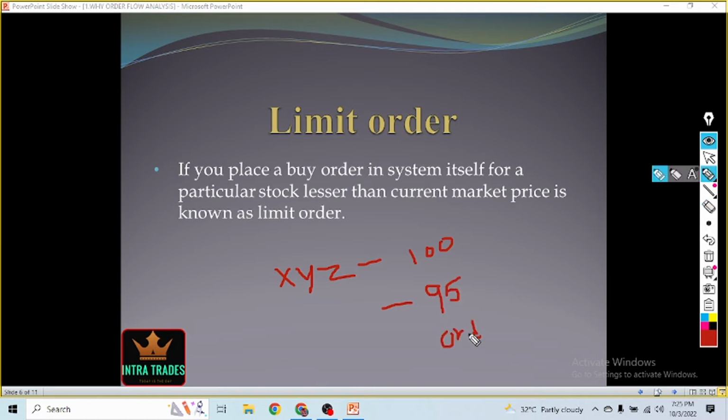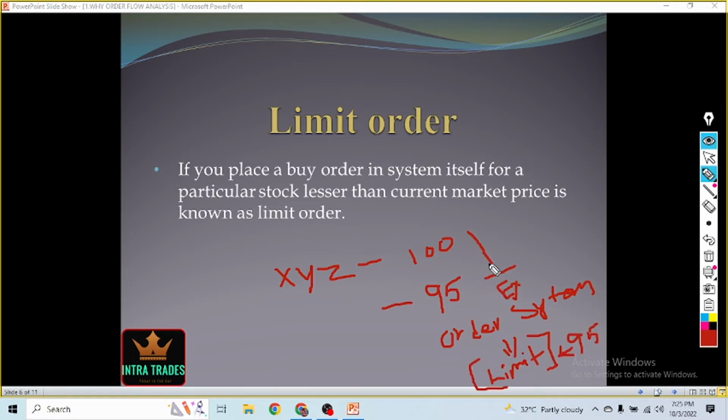You will place your order in the system with the limit option. It will get executed once the market comes to 95. If the market moves to 110, 120, it will not get executed. So this is known as a limit order.